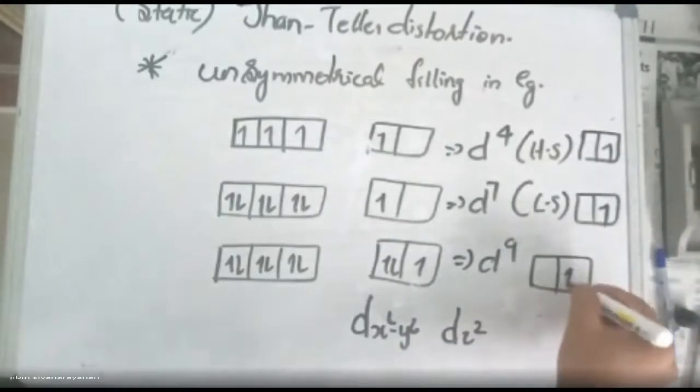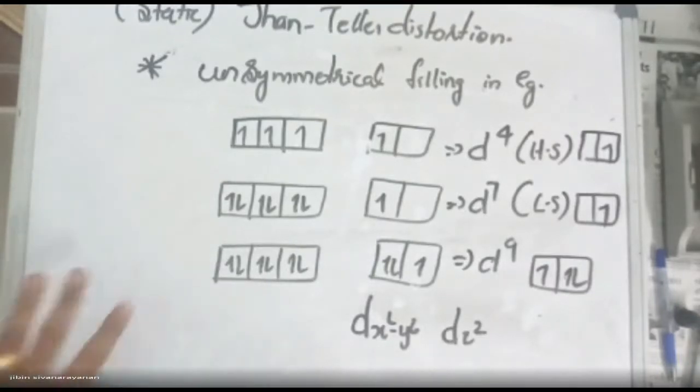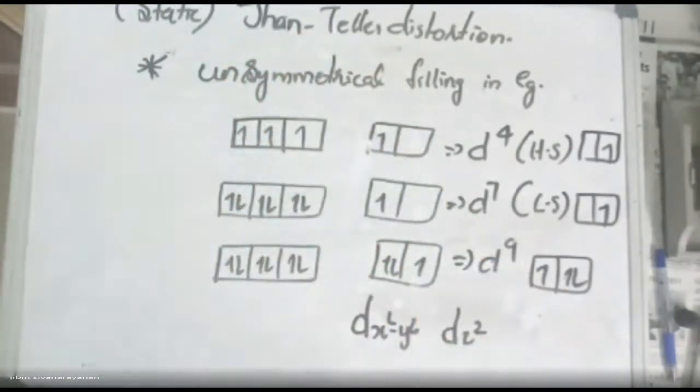Here also the unsymmetrical arrangement is coming in the first orbital. So this is also possible, right? Because both are equal in energy when the ligands are approaching. Only after the approach, some kind of distortion is happening. That was observed by Jahn and Teller. It is called Jahn-Teller distortion.